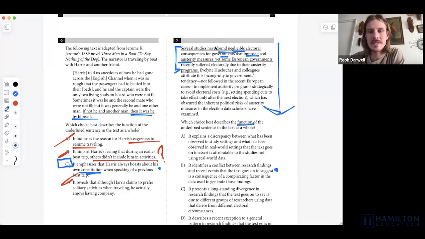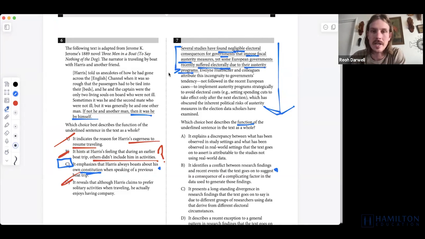So despite this notion that there is negligible consequences, recently we saw electoral consequences that came as a result of supporting austerity, which is again basically like punishing working class people programs.